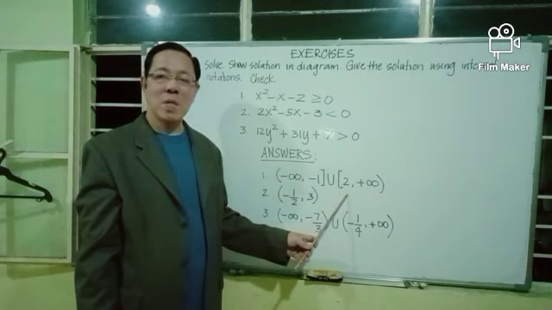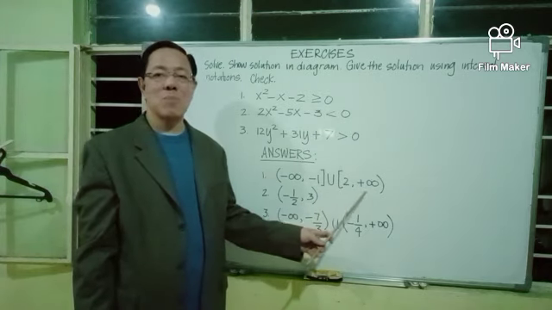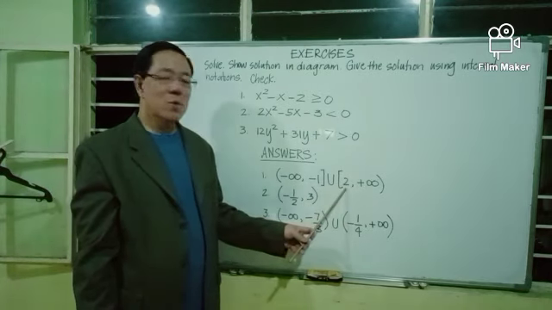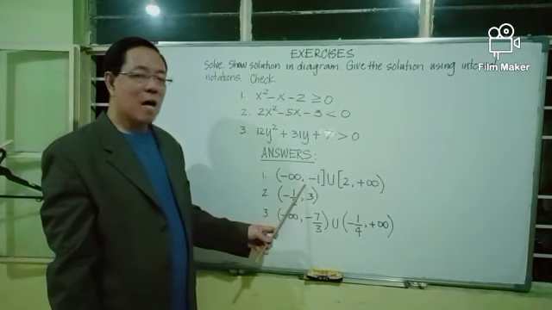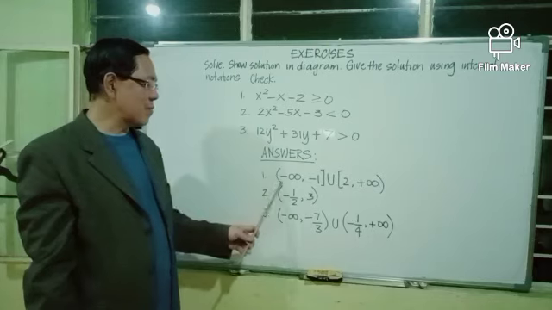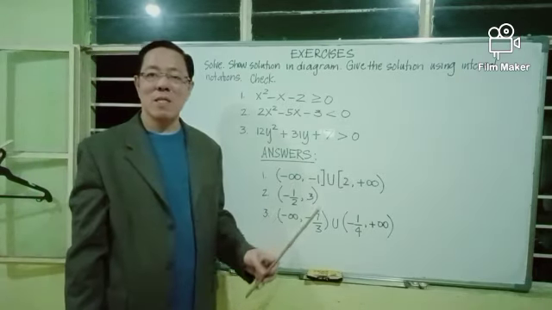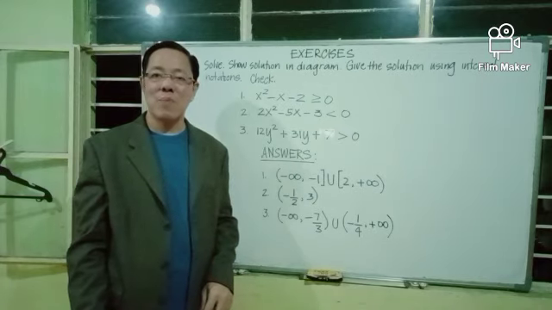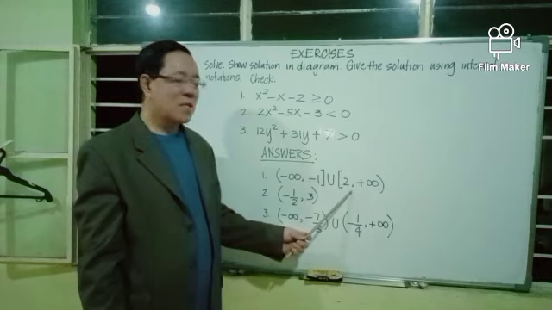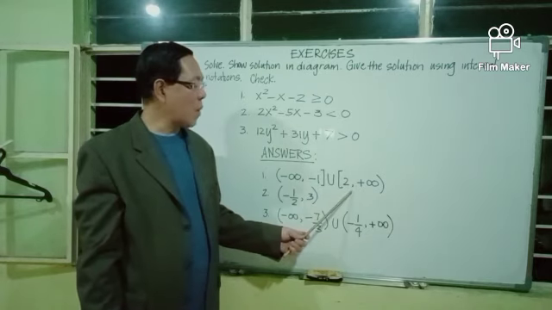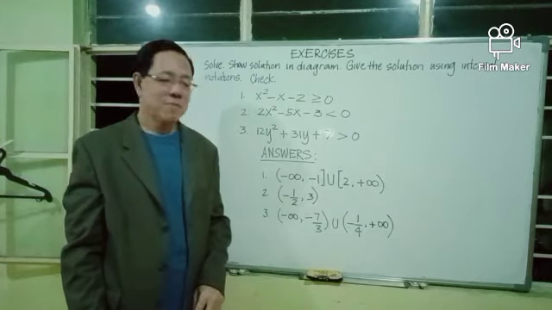And this half open interval from positive 2 to positive infinity, where 2 is also included as one of the solutions. This is half open to the left because negative infinity is not included in the solution, because negative infinity is only a symbol that represents a very, very small negative real number. And this is half open to the right because positive infinity is not a real number.